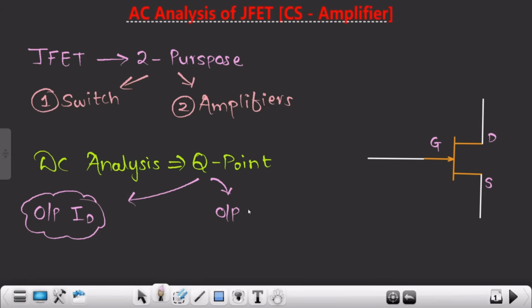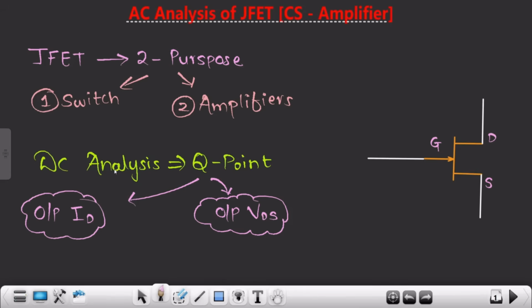Based on this point, we are able to see where our Q point is and in which region our JFET or any transistor is operating, either in the cutoff region, saturation, or maybe the linear region. So based on this Q point we can judge where our JFET is operating. That's the reason why we focused on DC analysis.